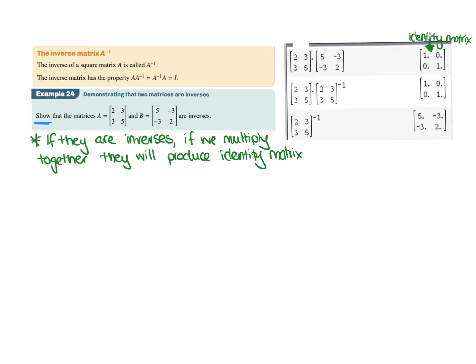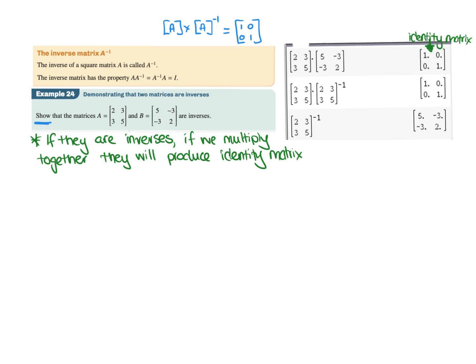So we've got the inverse matrix, and we said it's always going to be square, and you can raise it to the -1. If you multiply a matrix by its inverse, you will always end up with an identity matrix, which, if you remember, has the 1s on the leading diagonal and 0s on the other diagonal.